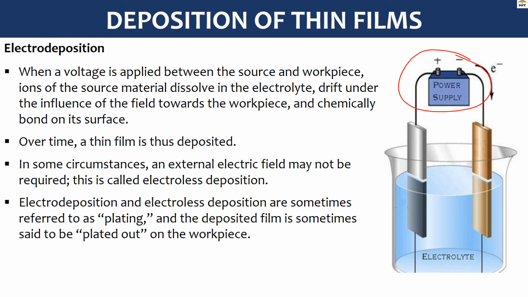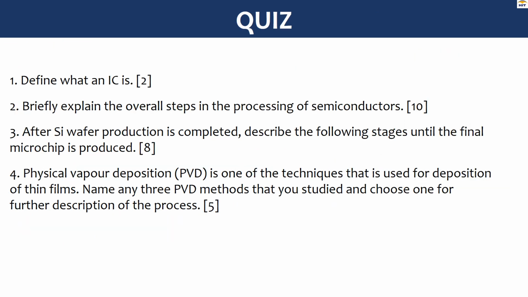Ions of the source material begin to dissolve and then drift towards the workpiece and chemically bond on the surface. So that's your electrodeposition, which is very simple.